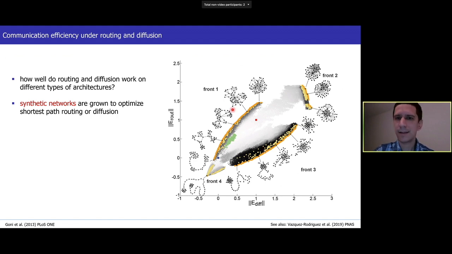And what you can clearly see is that you have, first of all, multiple fronts, but in front one, you have networks that clearly have small clusters of nodes, that have modules, that have prominent community structure. And in these networks, routing efficiency is actually better than diffusion efficiency.